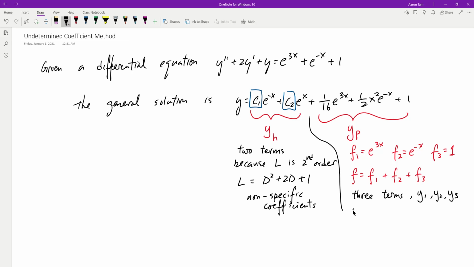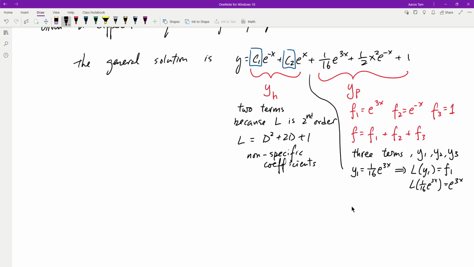In this case, y1 is 1 over 16 e to the 3x, which is basically the solution to this. If I take D squared plus 2D plus 1 of y1, I would get f1, meaning L of 1 over 16 e to the 3x would give you e to the 3x.